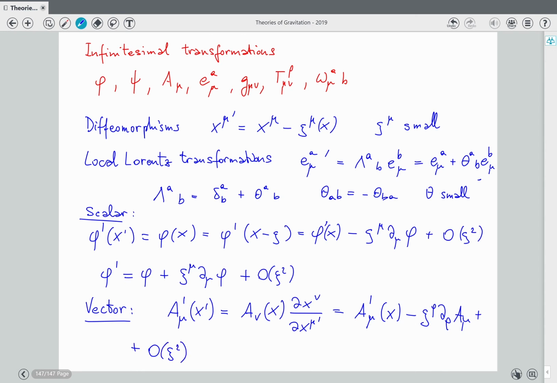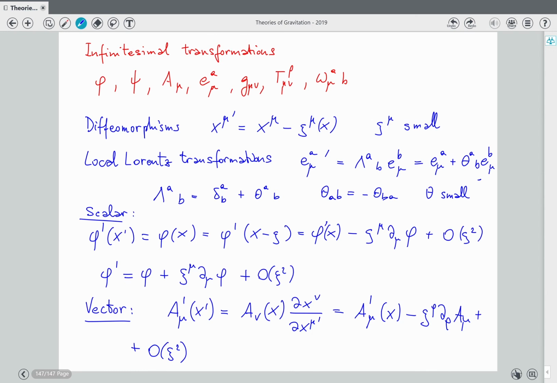So that's the same as in the case of a scalar, that is replacing x prime with x minus xi and then expanding. But now you have also this object, so you have to compute that object.